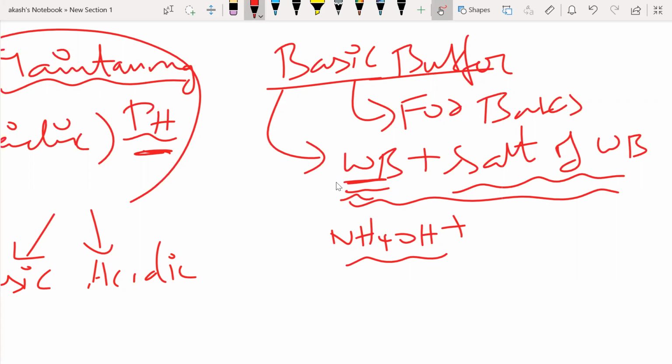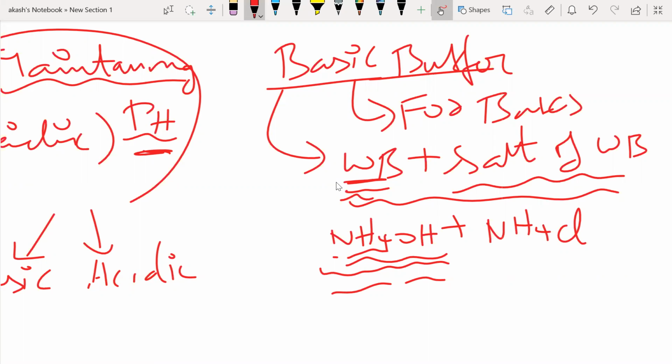If this base reacts with an acid, I'm going to produce a salt. You can tell me any salt with basically NH4 plus. Ammonium chloride, yes, NH4Cl would be a good choice.